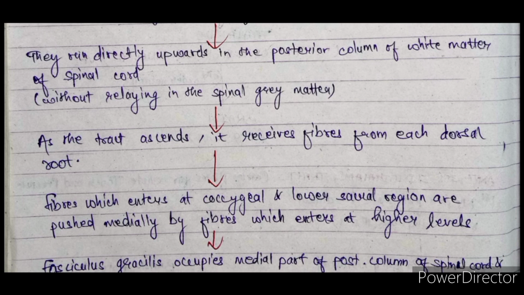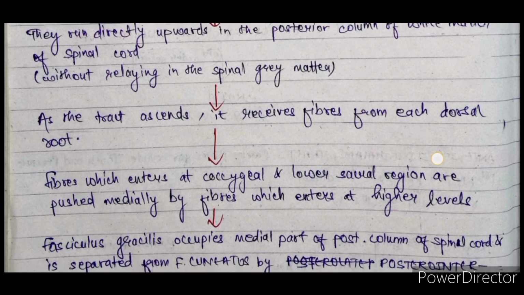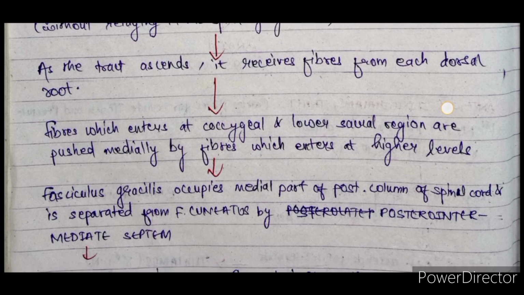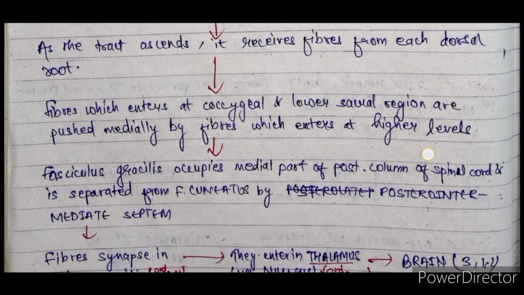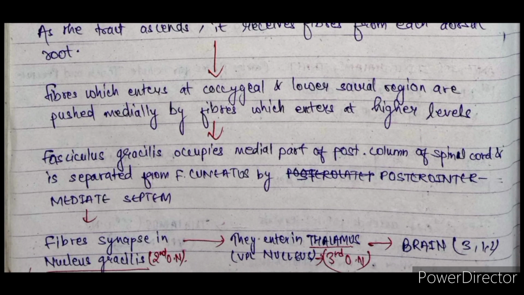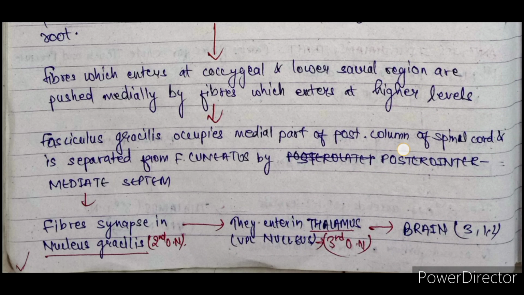The fibers which enter at the coccygeal and lower sacral region are pushed medially by fibers which enter at higher levels. Then the fasciculus gracilis occupies the medial part of the posterior column of the spinal cord and is separated from fasciculus cuneatus by the postero-intermediate septum.